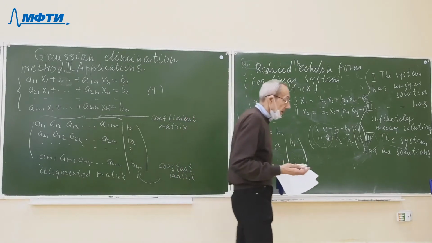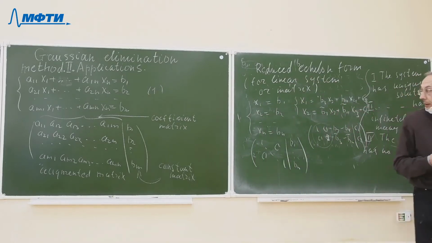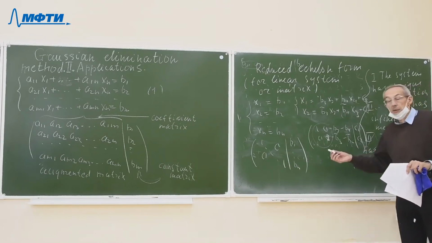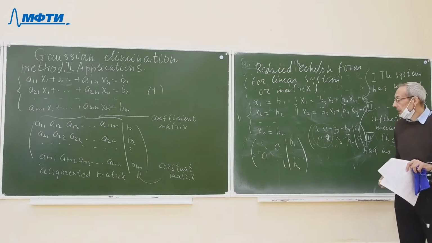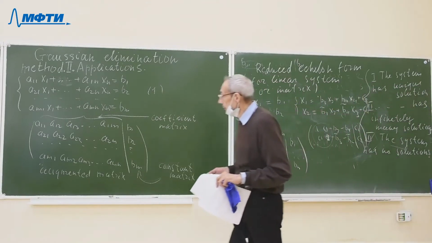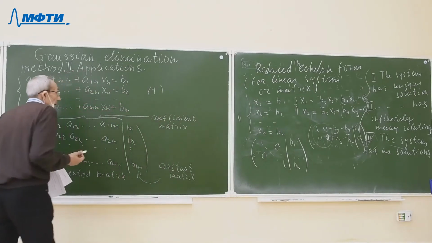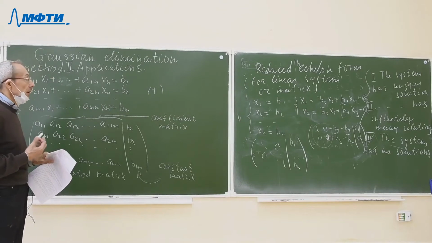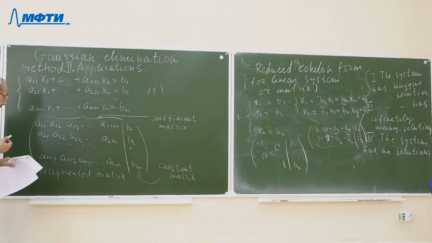What kind of operations can we use for such reducing? We have three types of operations which do not change the solution of the linear system.